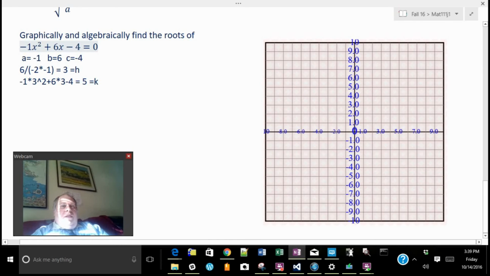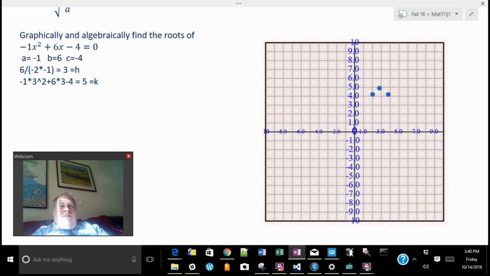Okay, we're going to do nice, thick blue dots, starting at 3, 5. It's -1 times 1 squared, so I'm over 1, down 1, over 1, down 1.